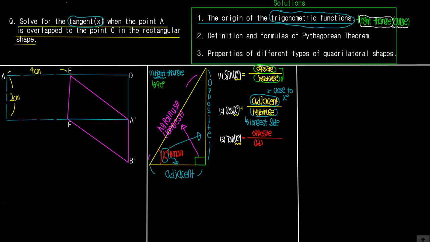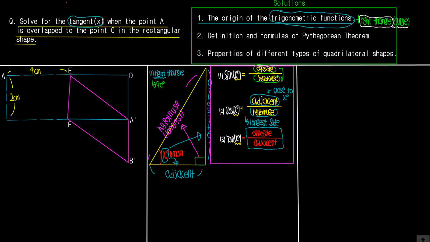What is the difference between sine, cosine, and tangent? Well, we know the sine and the cosine both contain a hypotenuse in their denominator, but the tangent of x doesn't. It is just going to be an opposite side over an adjacent side. This is the biggest thing that differs between the sine, cosine, as well as the tangent values.